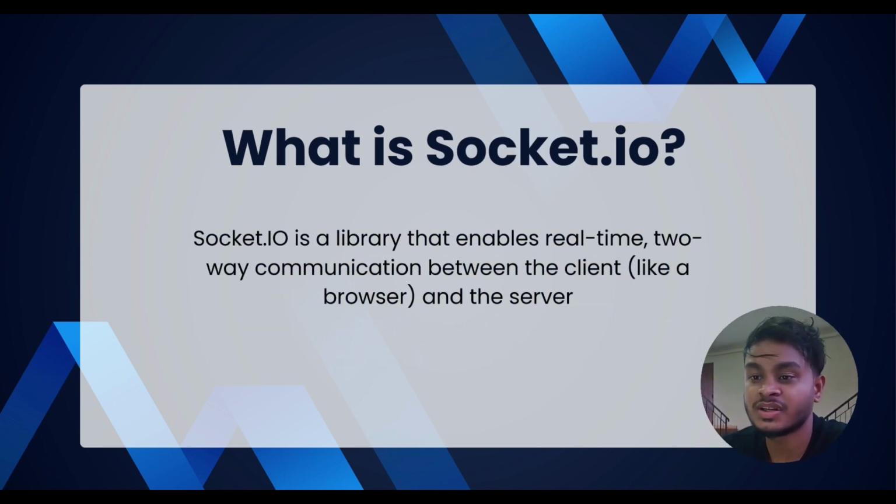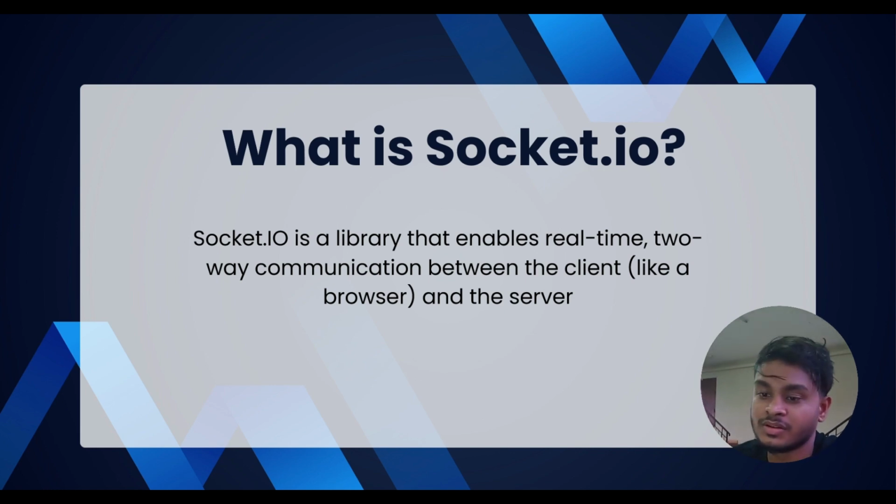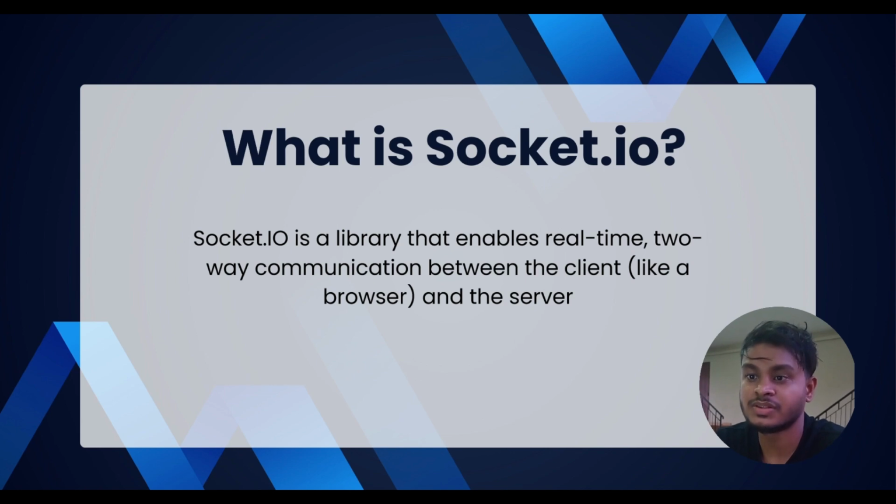Socket.IO is a library that enables real-time two-way communication between the client and the server. How does it work? When the client loads, it first sends an HTTP request to the server. This is called the handshake. After that, the server replies with a handshake response.